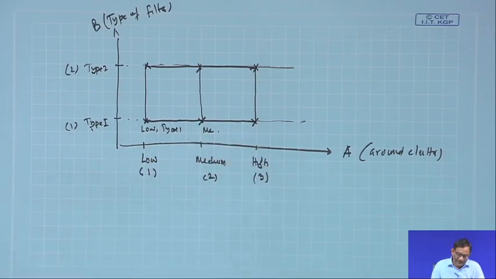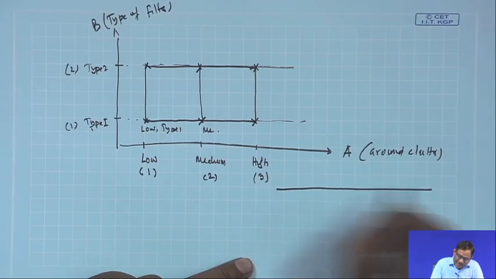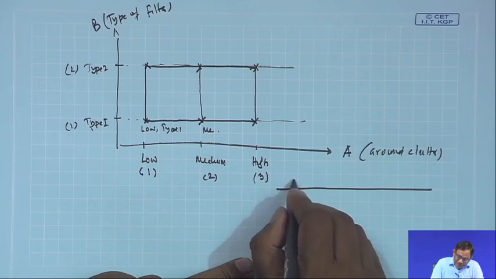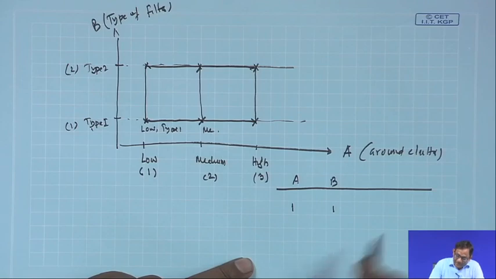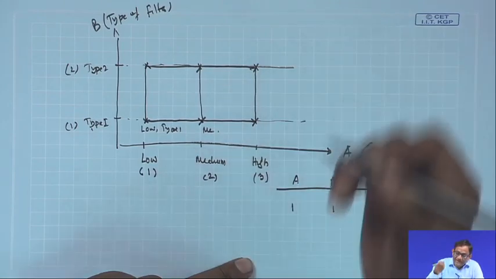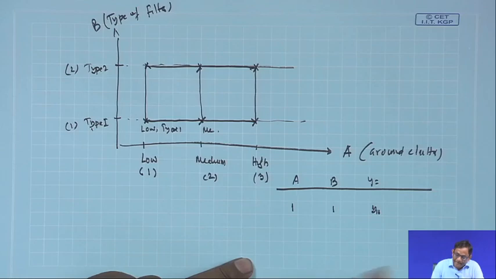What does it mean? You are conducting an experiment in such a manner that, suppose A factor level 1, then B factor level 1, then you get the y value, here the intensity level at detection. So this is maybe y11. Then 1, 2; 2, 1; 2, 2; 3, 1; 3, 2.